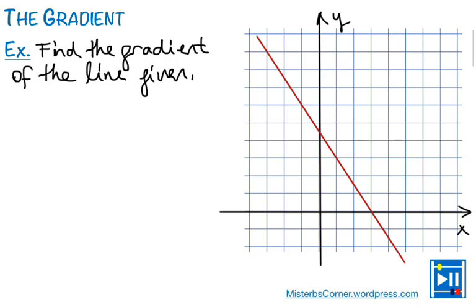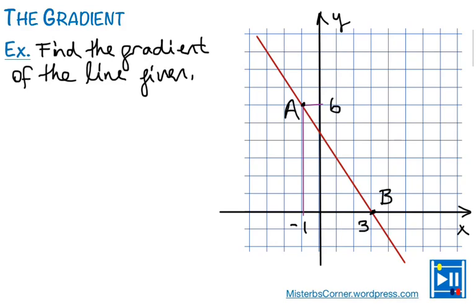In this example, we are given a line graph and we are asked to find the gradient. Well, all we need is the coordinates of 2 points on the line, so we can pick any 2 points we'd like. For example, the point A, let's say, has coordinates -1, 6, right? And let's say the point B has coordinates 3, 0, right?